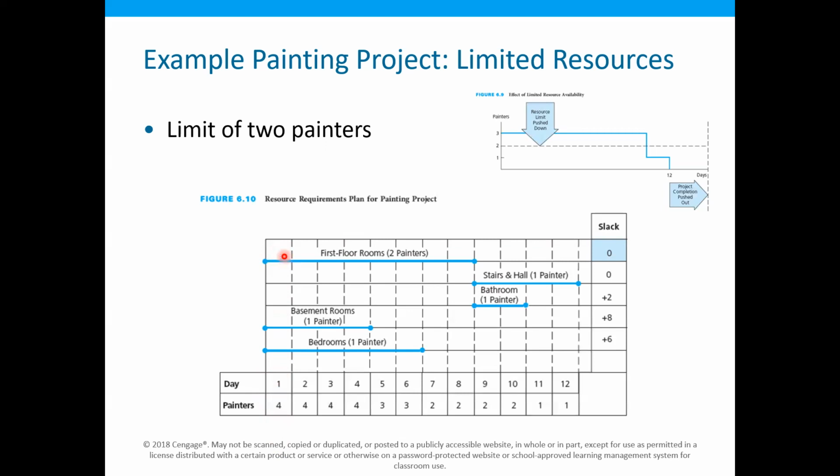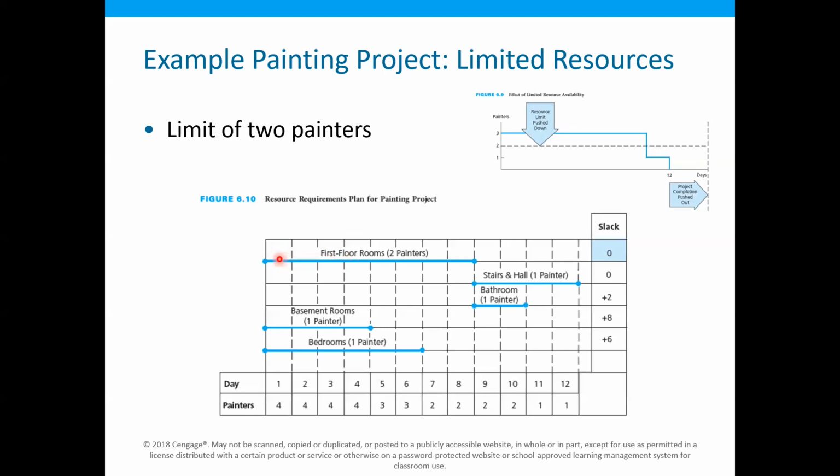Okay, remember that I'm talking about the systematic way of solving this problem. In the systematic way, we will start from day one, then we will move to day 2, day 3, day 4, like that. So in day one, we have these activities: first floor room, basement room, and bedroom. Out of these three activities, the minimum slack is for the first floor room.